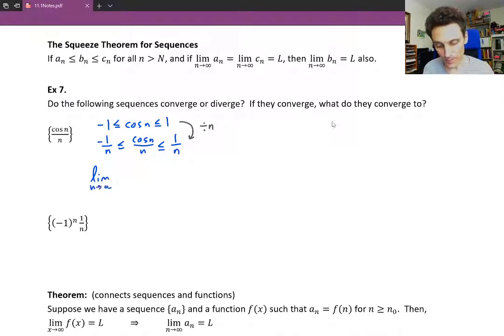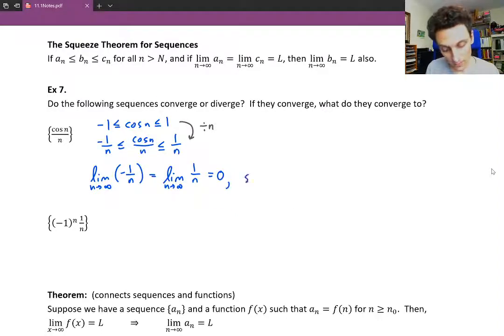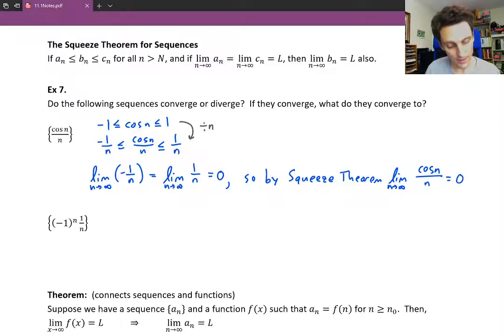Well, the limit as n approaches infinity of -1 over n, we already said was 0. The limit as n approaches infinity of 1 over n was also 0. So I can write it like this. Both of these are equal to 0. So by the squeeze theorem, the limit as n approaches infinity of the function trapped in between those two is also 0.